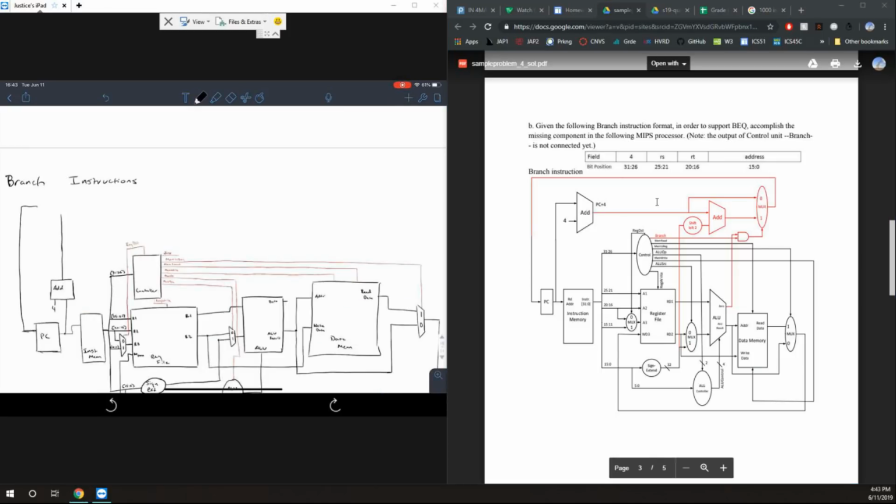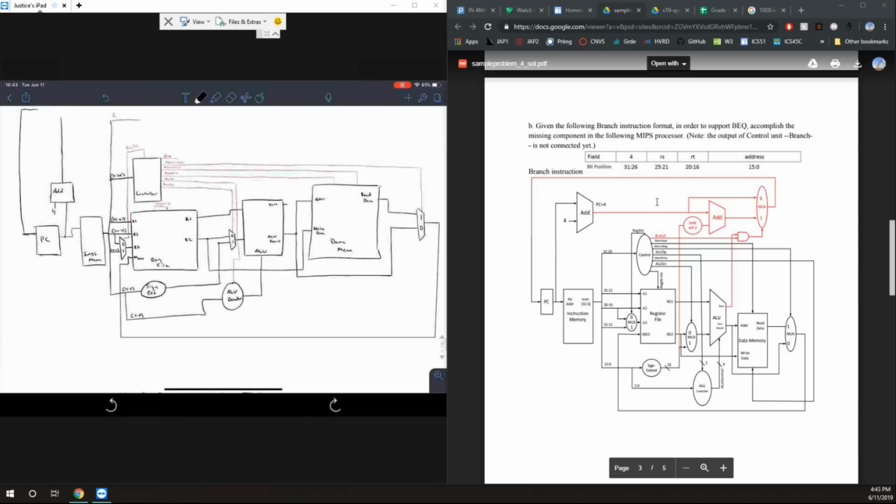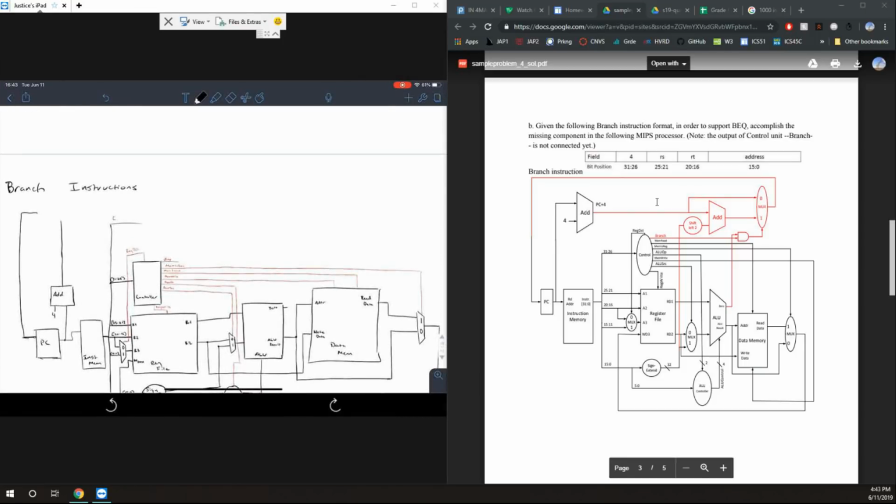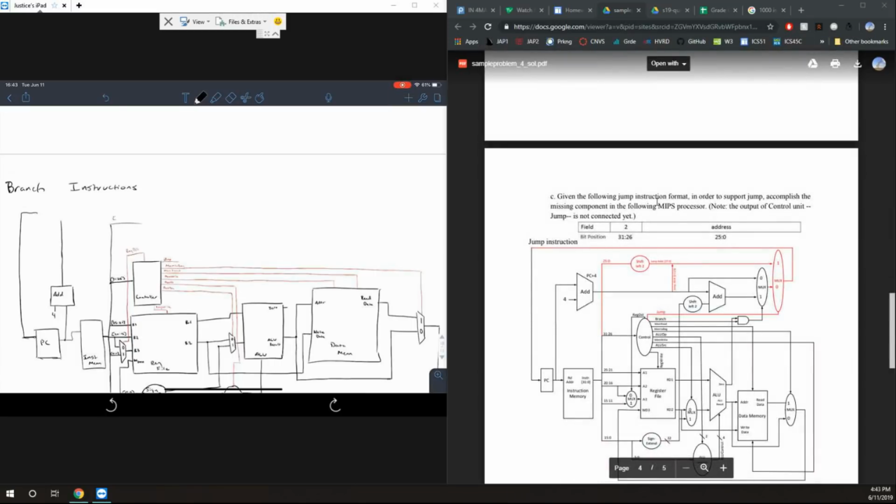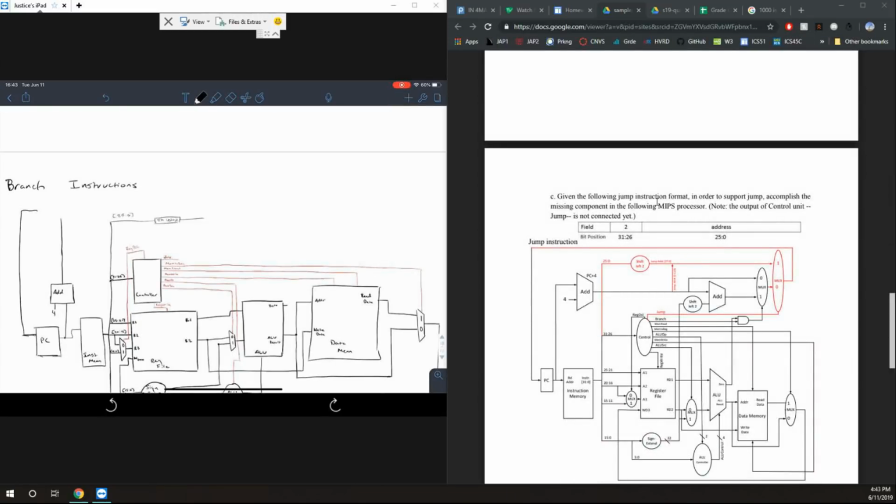That makes sense, right? So you grab these bits, and then you shift left by 2, right? And then you also have to grab the first 4 bits from the program counter. We branch off and we connect them. And now it becomes some 32-bit address, right? That makes sense?